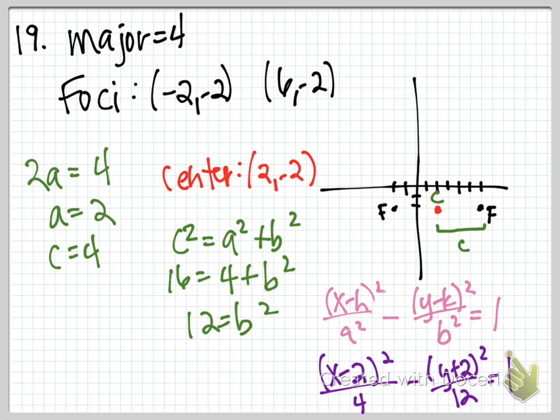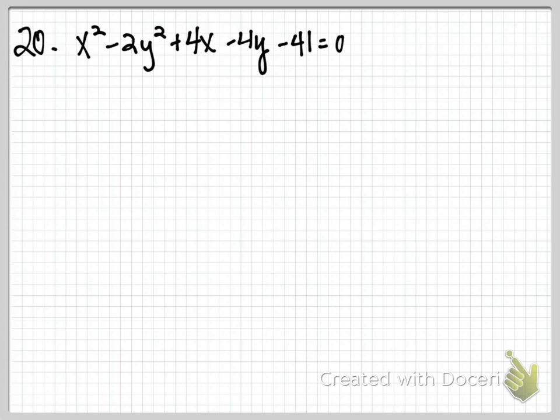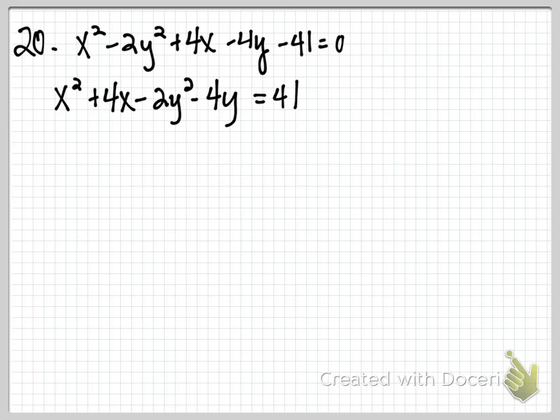All right, let's go to number 20. Okay, I'm going to go ahead and change the equation for number 20. So go ahead and take a minute to write down this new equation instead of the one that's written there. Okay, now that you've done that, remember we're going to group our x's and our y's. And we're going to move 41 over. Now, we have x squared plus 4x plus blank.